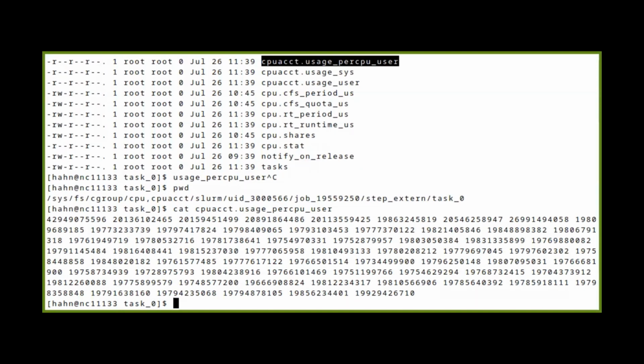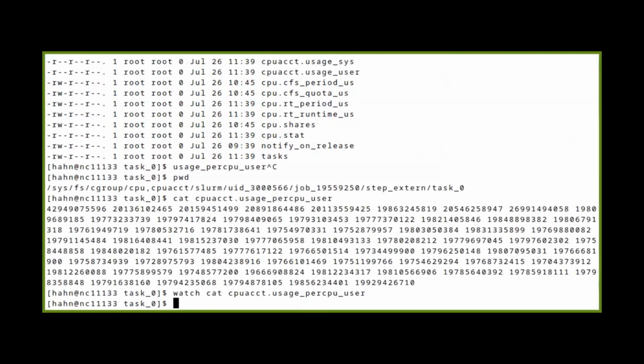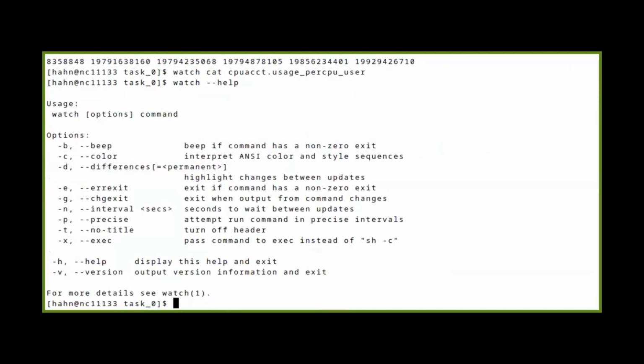So this is a 64 processor job, so I have 64 counters. I could actually watch them change. Most of the CPUs are basically idle, as you would expect. I think there's a diff option.